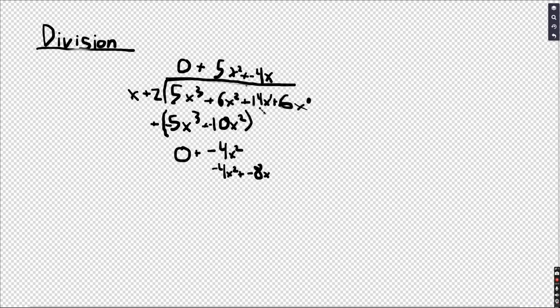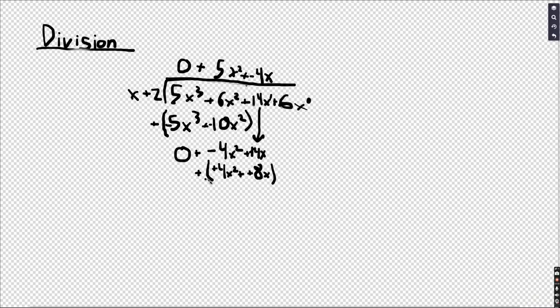One more thing, I forgot to bring down this. Like in normal long division, you bring down each place value every time you do a subtraction like this. So we're bringing down 14x. And remember, we're subtracting, so we can distribute the negative sign, giving positive 4x squared and positive 8x.